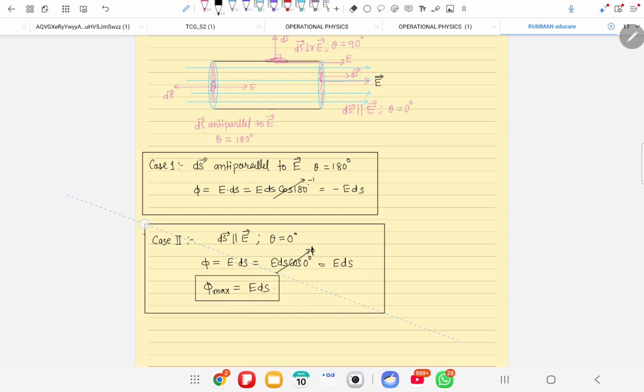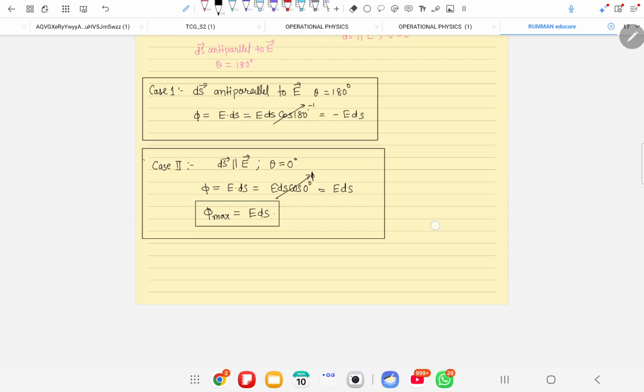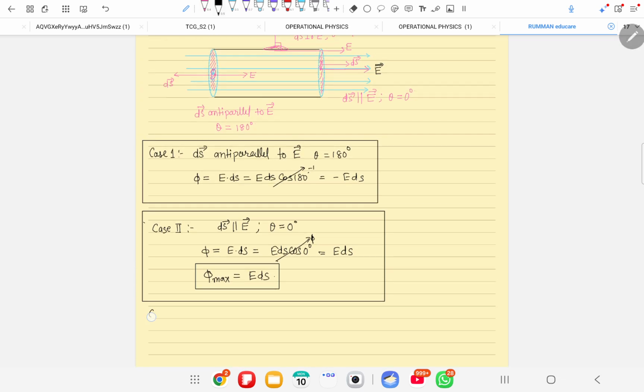Now in the third case, what will be the possibilities of electric flux? If ds vector is perpendicular to E vector, in this case theta is equal to 90 degrees. So phi is equal to E dot ds, which is E ds cos 90 degrees.